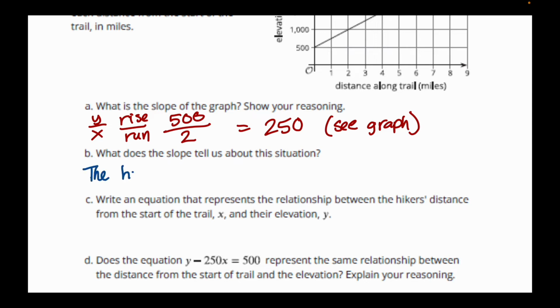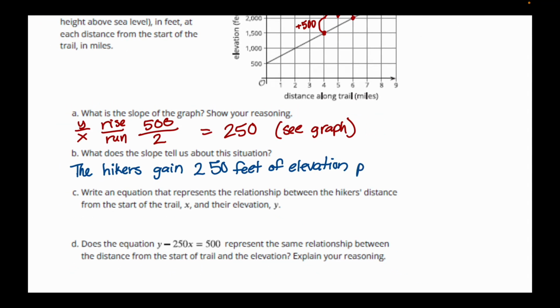The hikers gain 250 feet of elevation per mile that they hike.